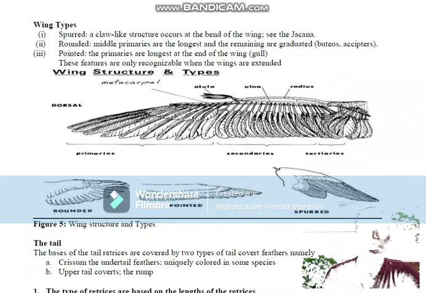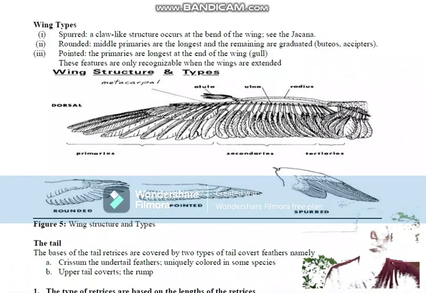This is the radius and the ulna, and you can see this is the part where the secondaries are attached. In these areas you would find those bumpy structures we were talking about. That's the alula, where the bastard wings are mainly attached.